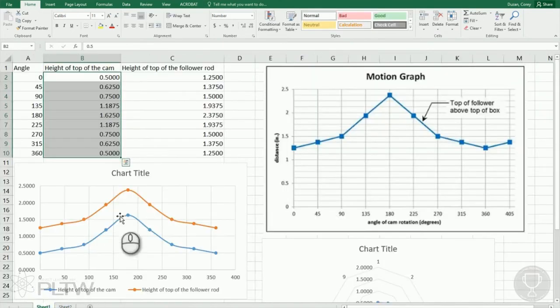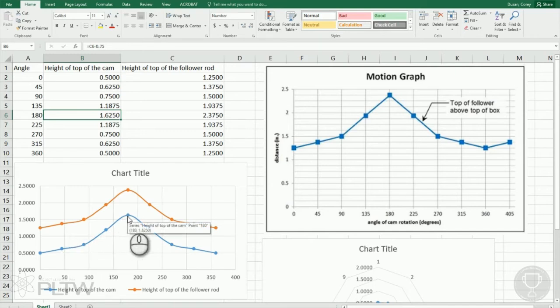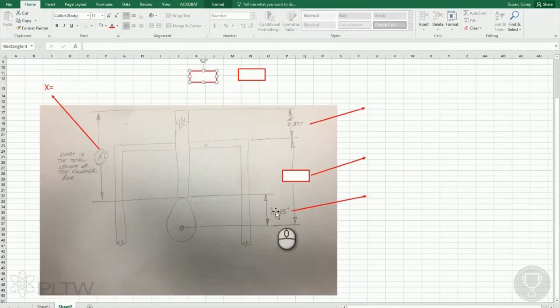We can see that when it's at 180 degrees, and I'll just show it here, at 180 degrees, the very top of the cam would be coming over, and it is 1.625. So we do know what that distance is.